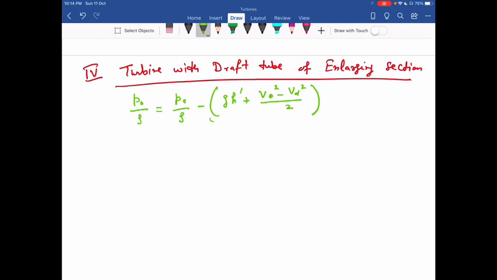That means PO by rho is below atmospheric pressure by this amount.